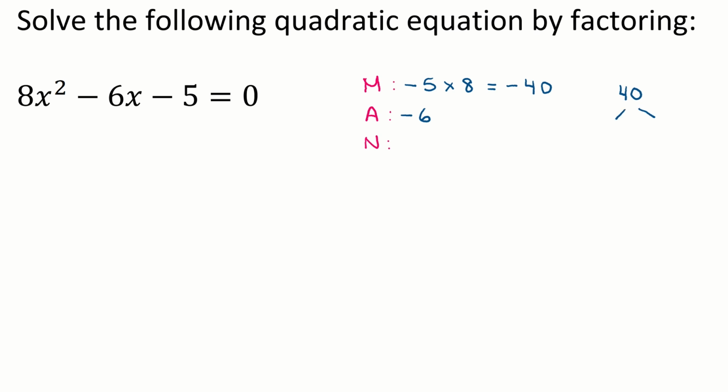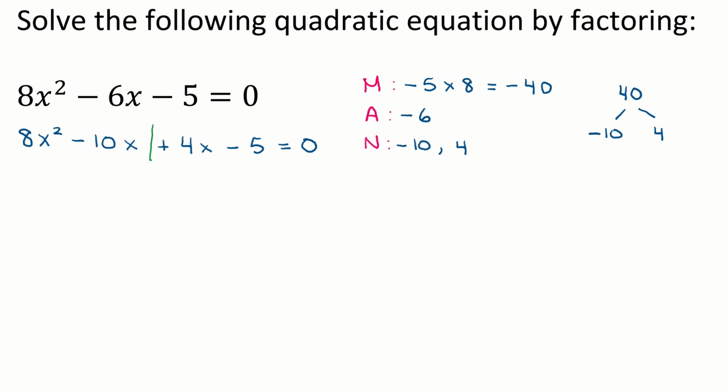I'm thinking 10 and 4 could work. And since we're trying to add to a -6, if we make the 10 negative, that'll work. So -10 and +4. In my next line, I'm just replacing the 6x with -10x plus 4x. And then we have our -5 at the end.